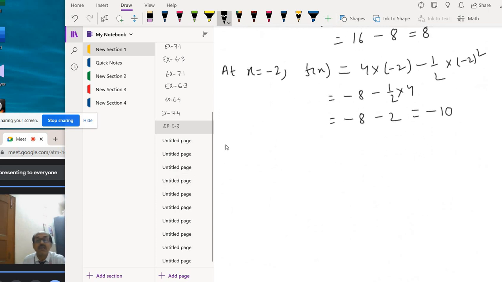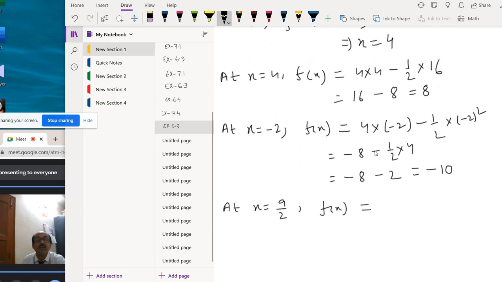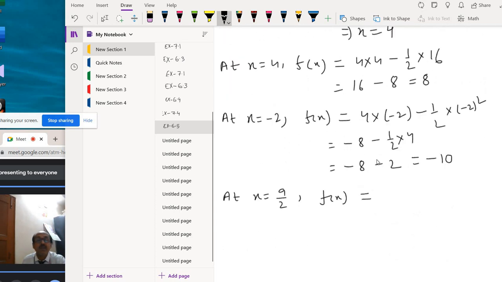At x equal to 9 by 2, f(x) equal to 4x minus half x square.